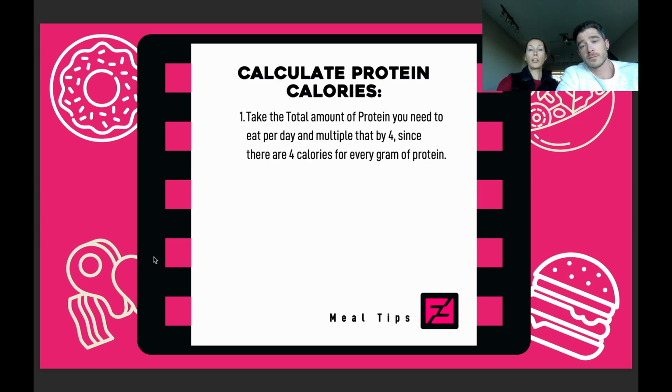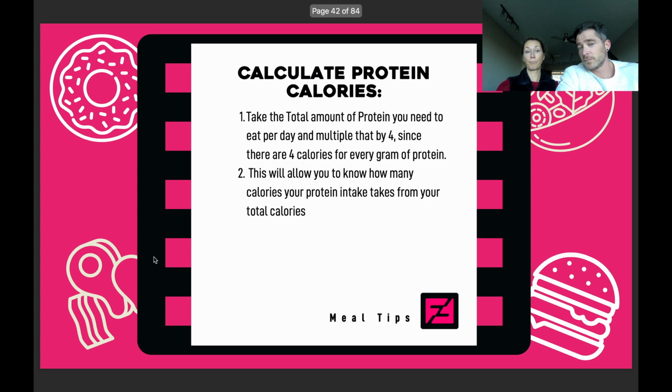In order to calculate your protein calories, you take the total amount of protein you need to eat per day, and you multiply that by 4, because there are 4 calories for every gram of protein. This allows you to know how many calories your protein intake takes from your total calories, so that you can figure out the amount of carbs and fats that you need in the rest of your day.